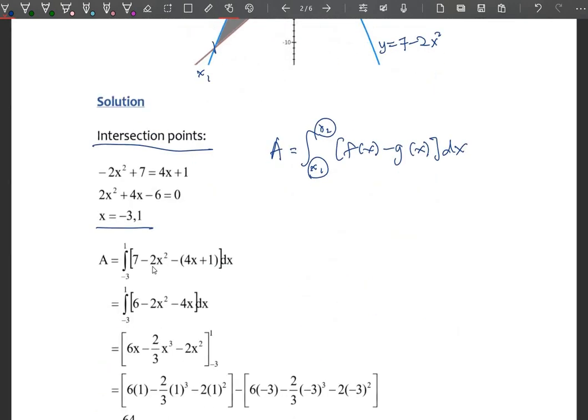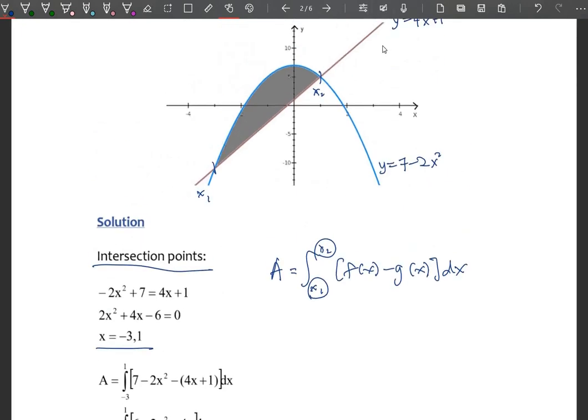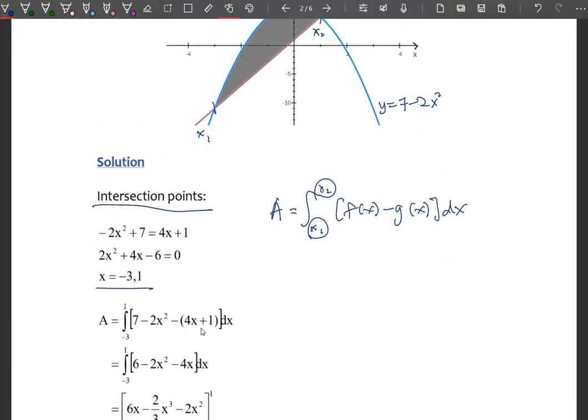Therefore, here would be 7 minus 2x squared minus the straight line, the bottom one, which is 4x plus 1. Remember to always write g(x) in brackets. Why? Because we have a negative sign. Whenever negative, you should always write the function after that in brackets, and integrate with respect to x.